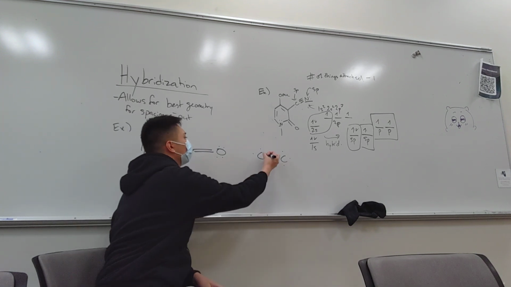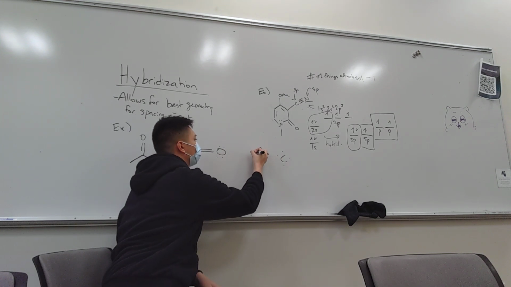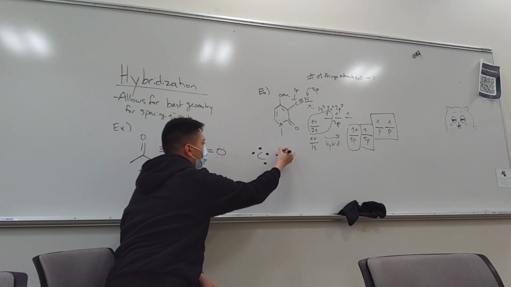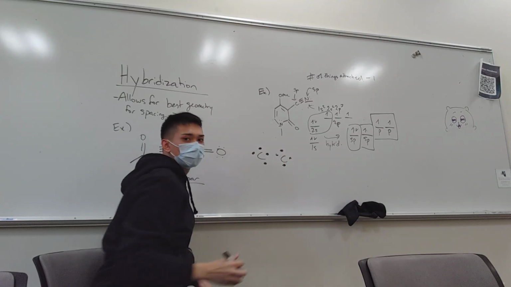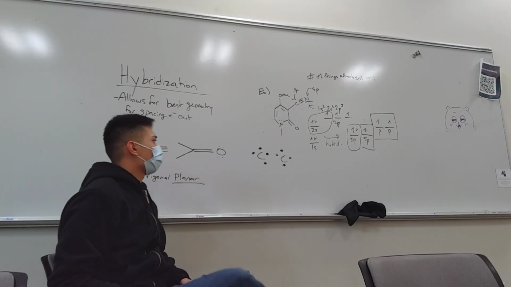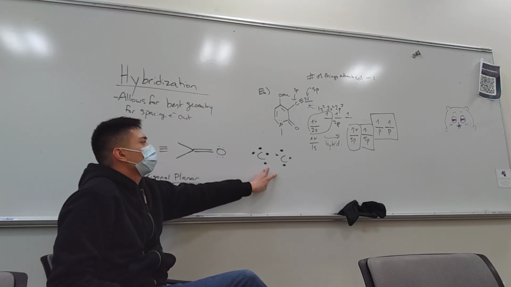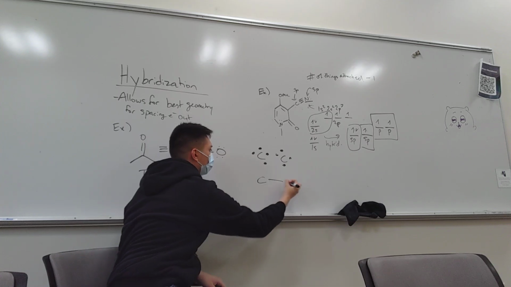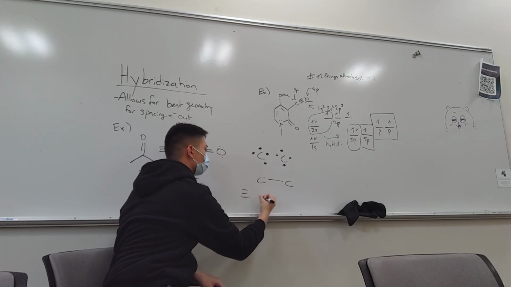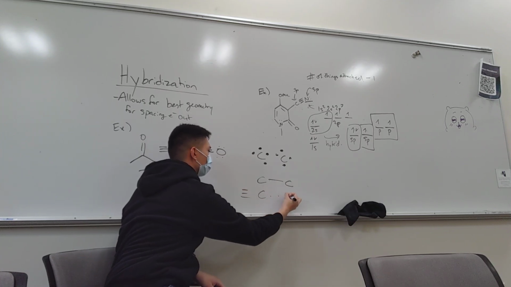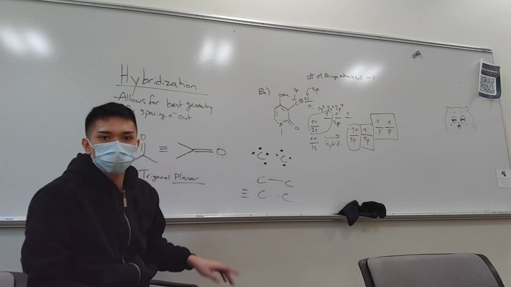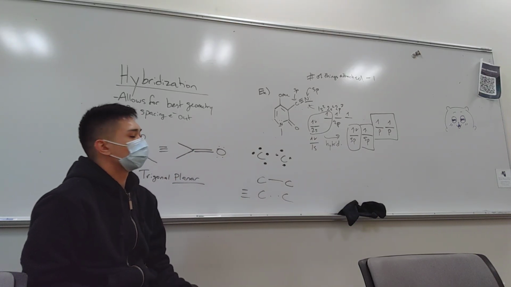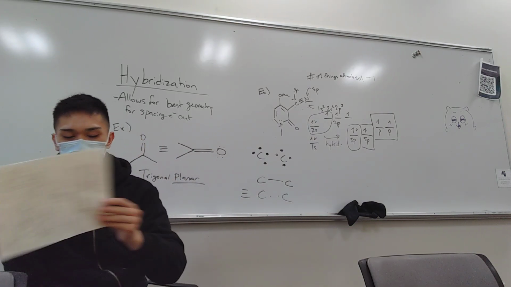You may not be able to see it right there. That's better. Okay. So these 2 carbons each contribute 2 electrons. They can make a bond, like so.